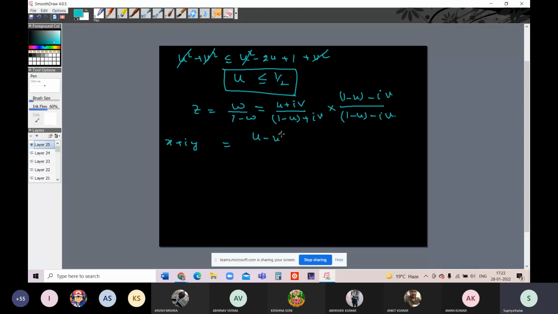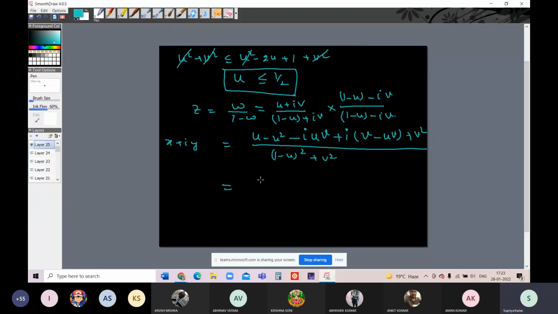u − u² − iuv + iv − uv + v² divided by (1 − u)² + v².